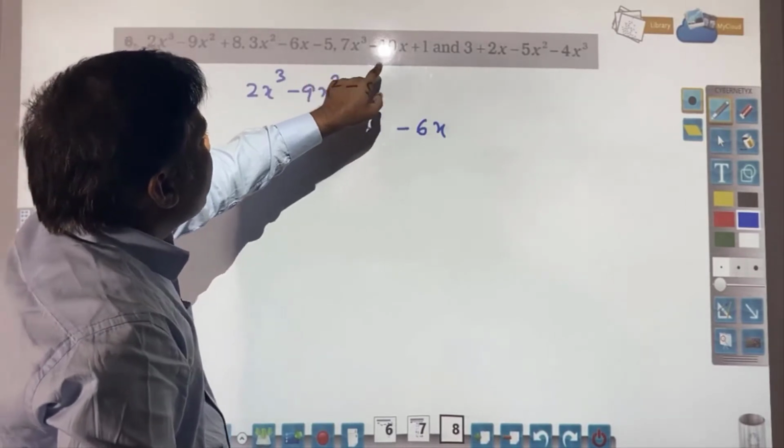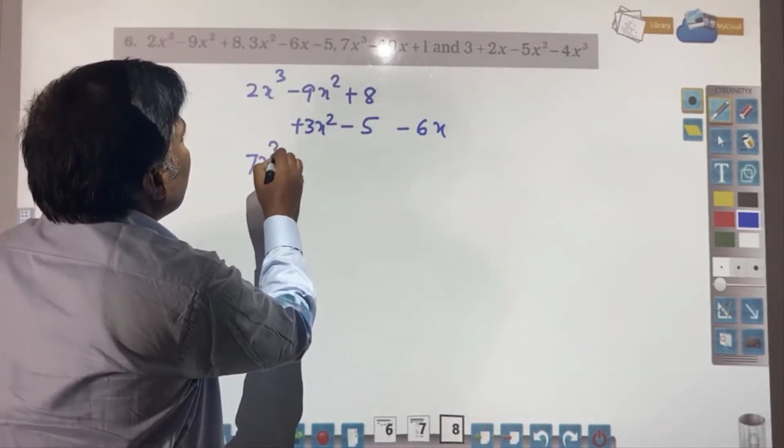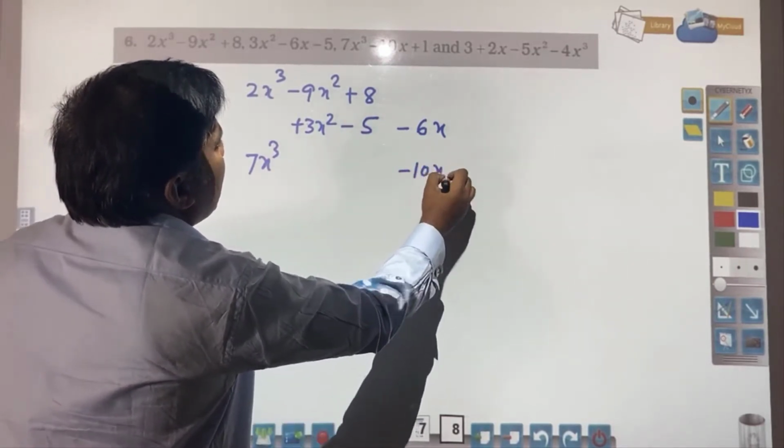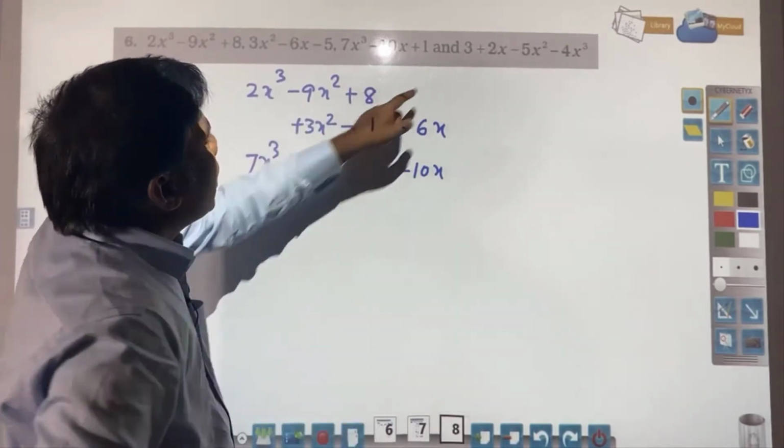Then you have 7x cube minus 10x and then you have plus 1.